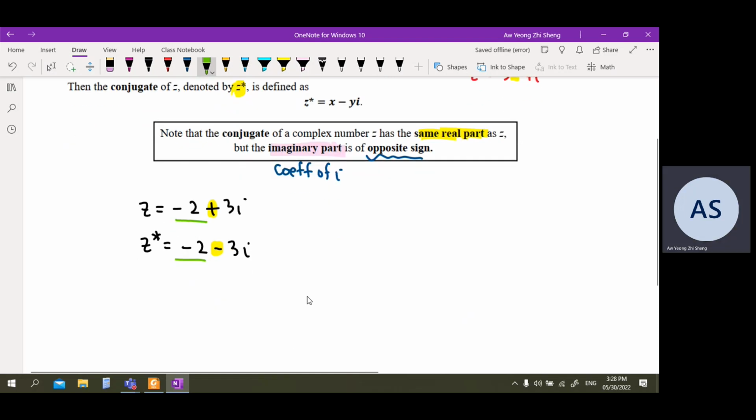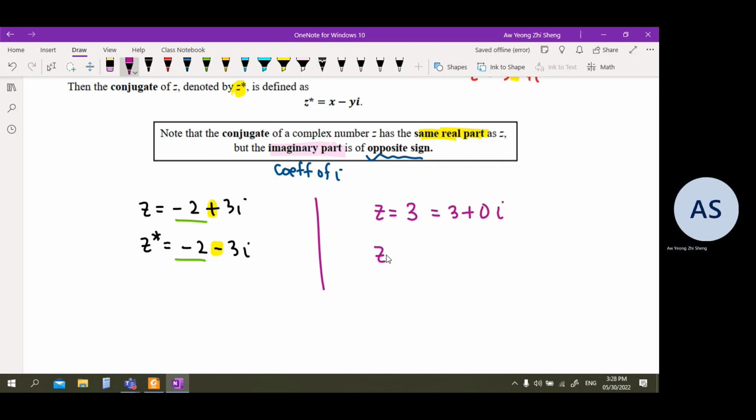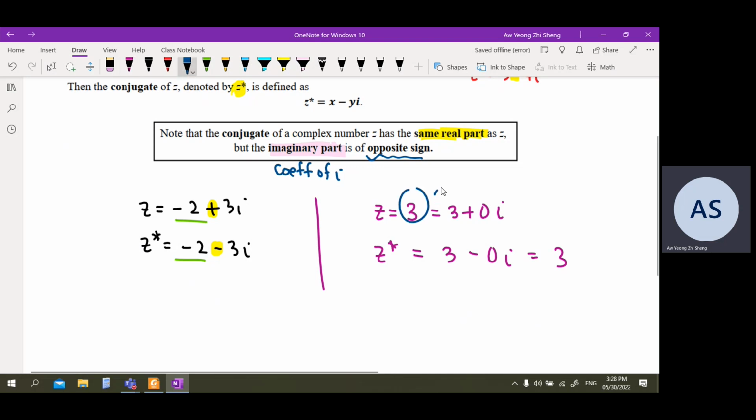But there's also an interesting observation here. If the complex number itself has a zero imaginary part, for example, Z is just the real number 3, which can be interpreted as 3 plus 0i, then Z star will be 3 minus 0i, which happens to be the same as 3. So this tells us that if the number is itself a real number, then it will remain unchanged.